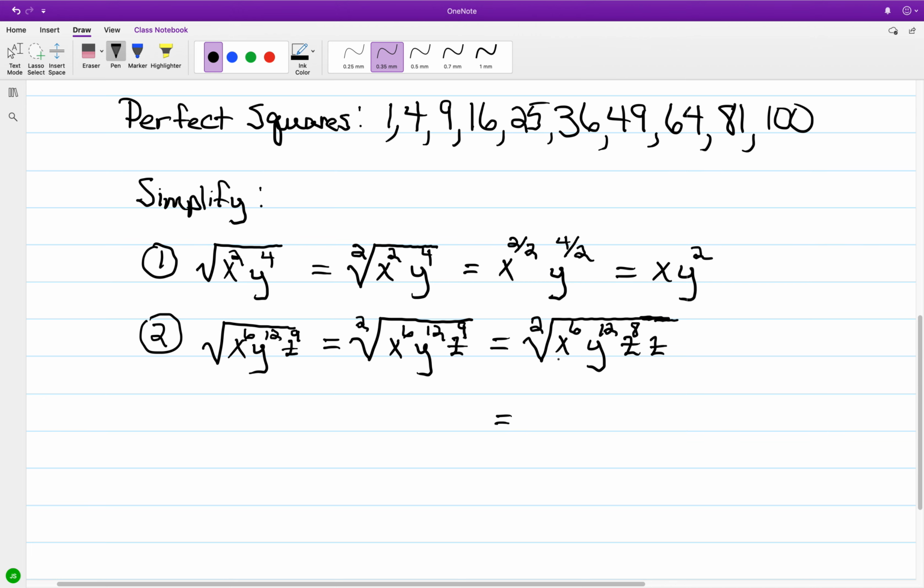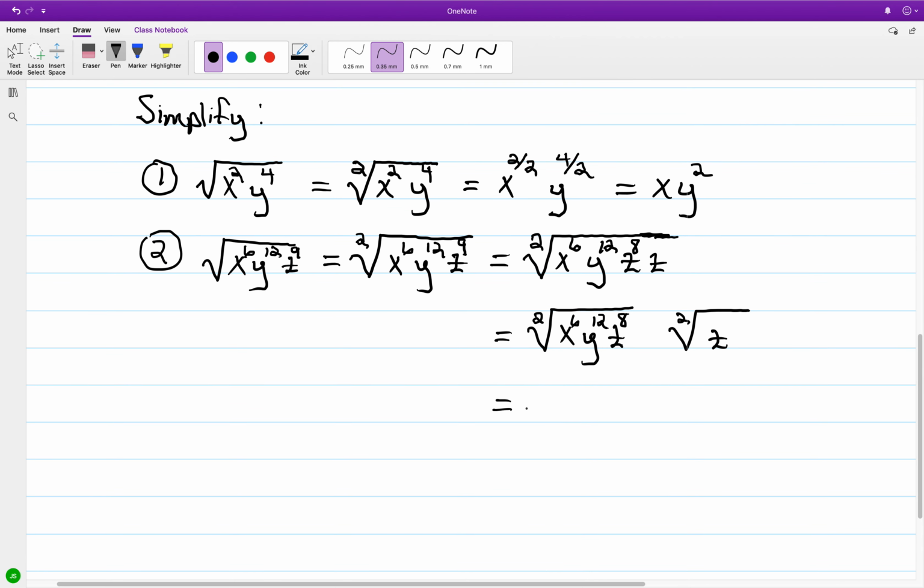So if I separate the perfect squares apart from the factor that is not a perfect square, I have, looking at the second root, x to the 6th, y to the 12th, z to the 8th, times the second root of z.